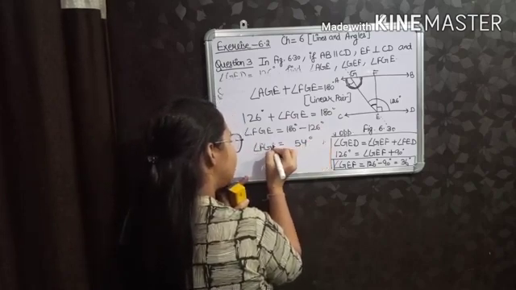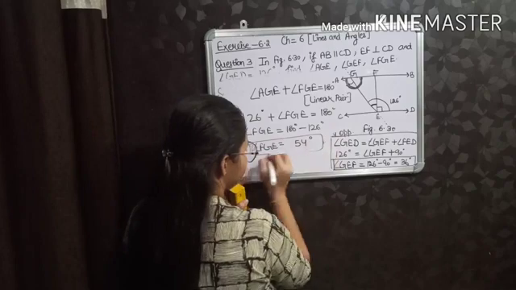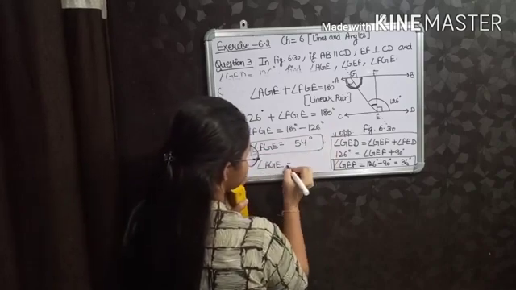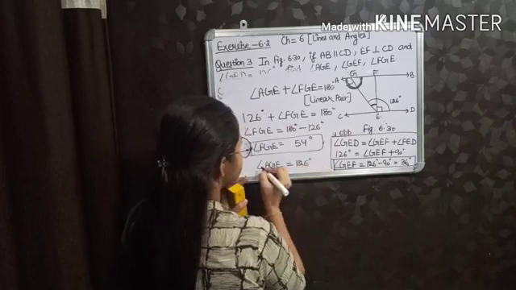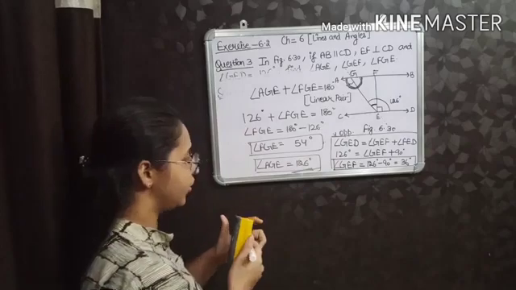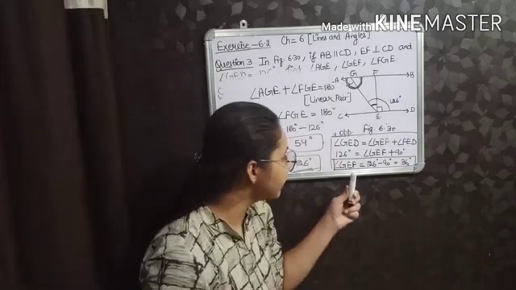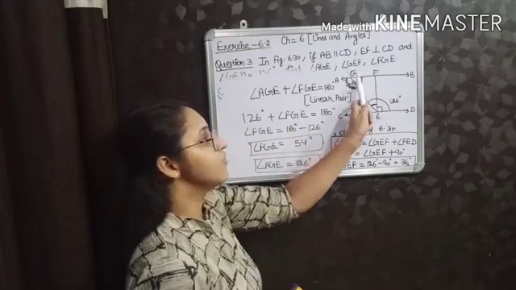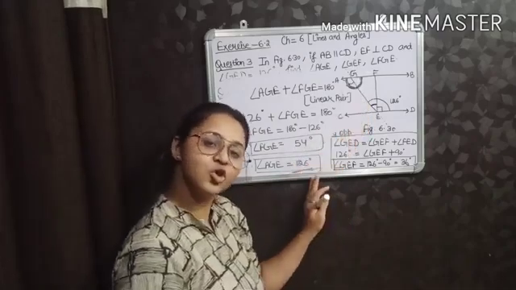So the values are, angle AGE was 126 degree. So the answer is first AGE, AGE is 126 degree. GEF, that is 36 degree, and angle FGE, that is 54 degree. This is our solution.